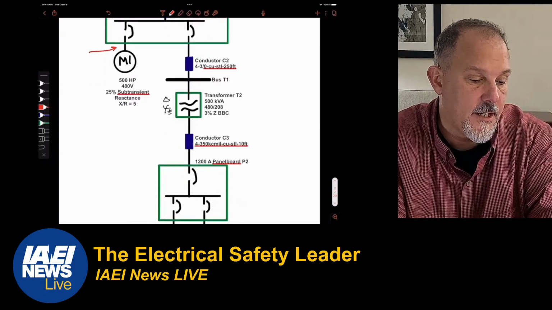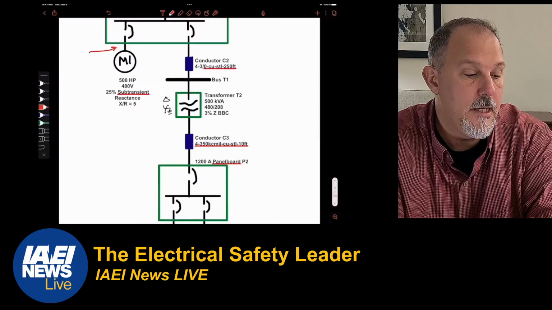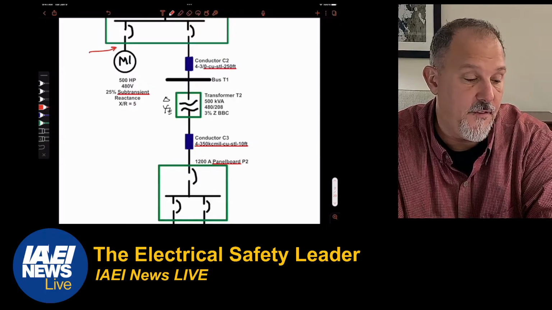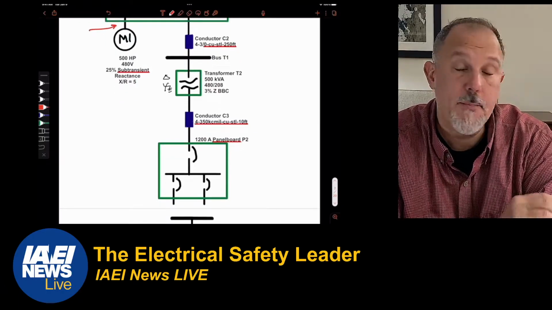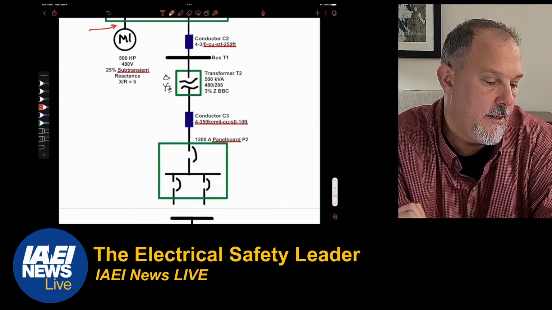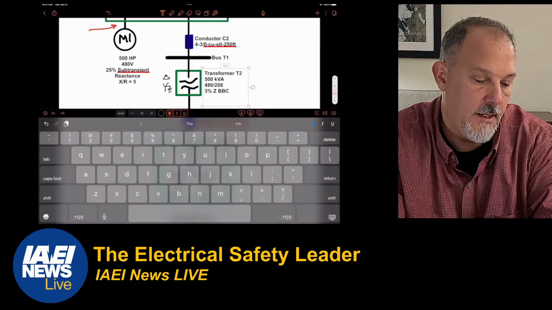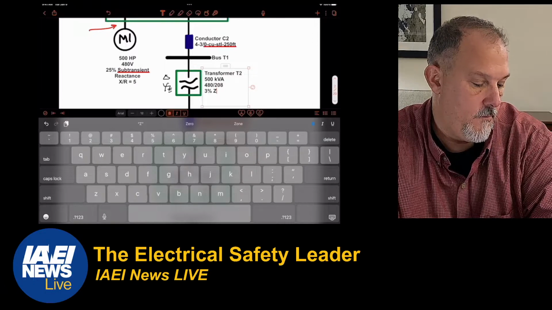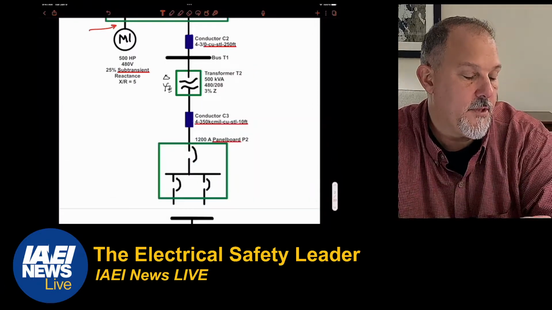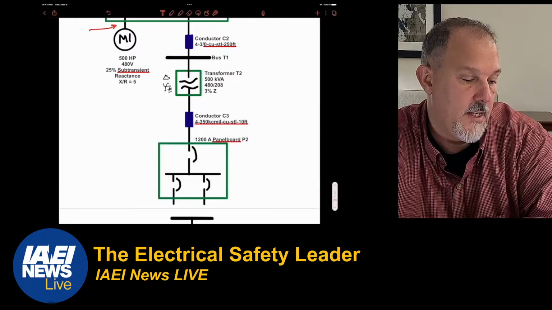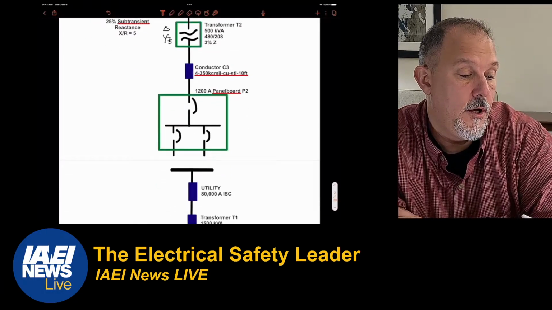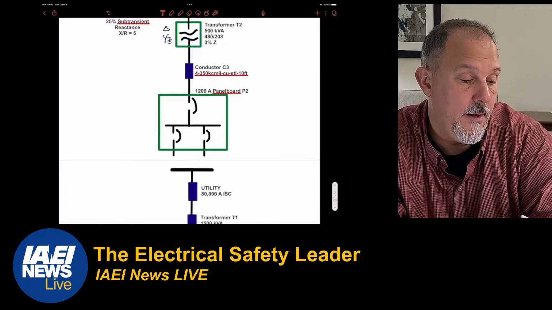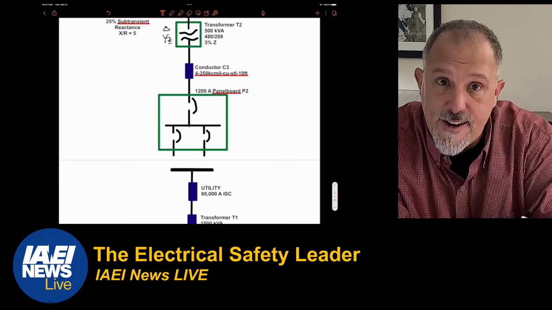Coming off this, I have a conductor C2, 3/0 copper in steel conduit at 250 feet, going to a 500 kVA transformer, 3% Z. And then I go to 350 kcmil copper, steel conduit, 10 foot, go into a panel board, a 1200 amp panel board.